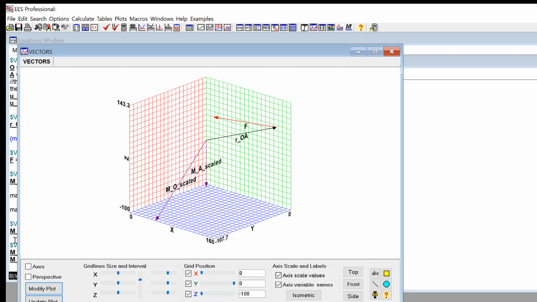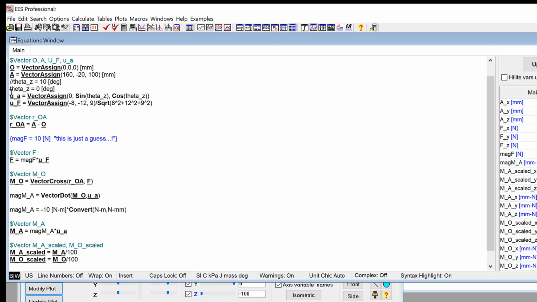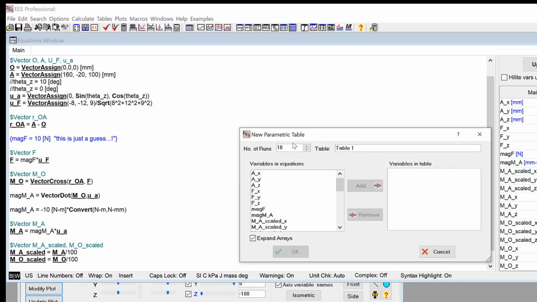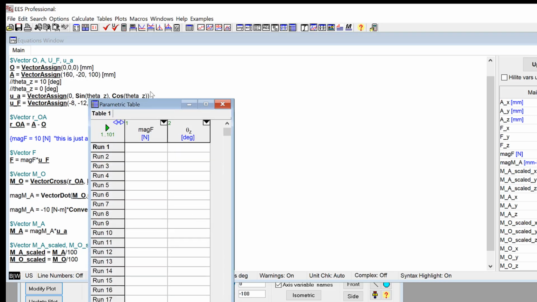So some other things that we can do, just because we have this all sort of coded up in a computer program, is we can look at what the relationship is between the force that's required and the angle of this rotation axis line A. And one way to do that is I make a parametric table that contains the variable theta z, and the magnitude of the force.